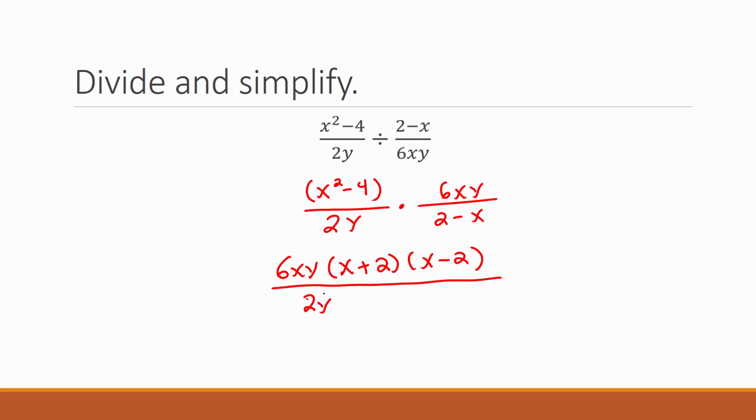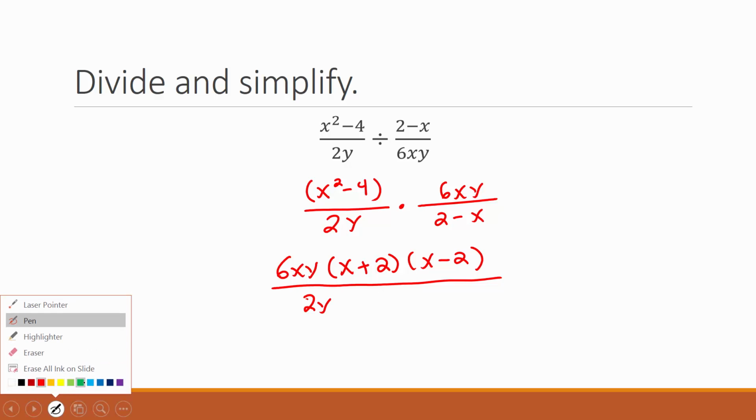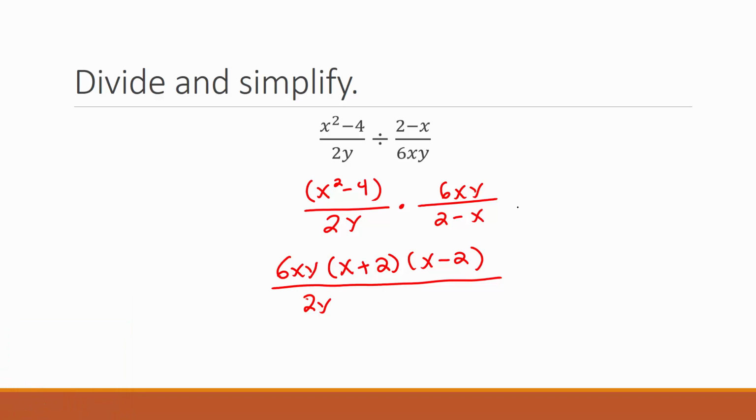times 2 minus x. Now before we write that 2 minus x, let's take a look at how we could change this around to help us out. So 2 minus x is the same thing if we flip it around as negative x plus 2.